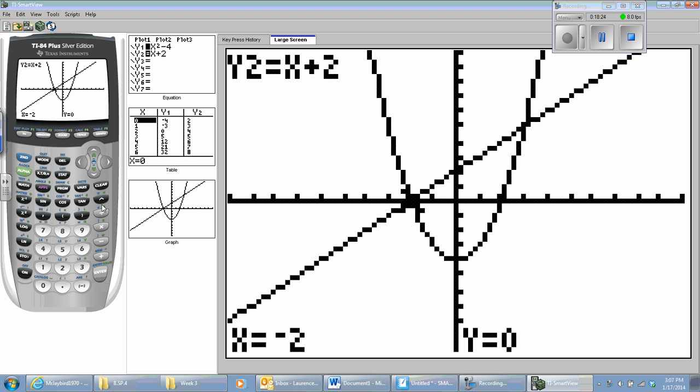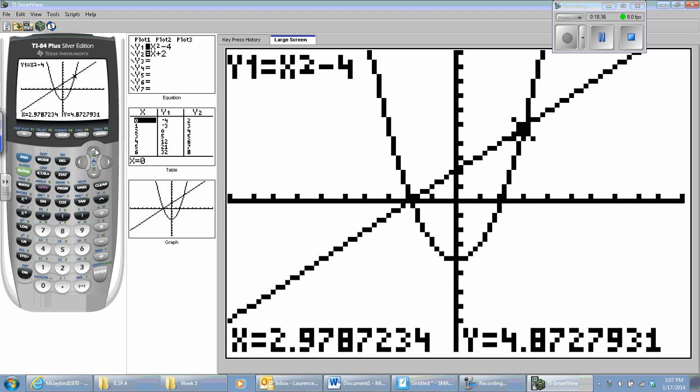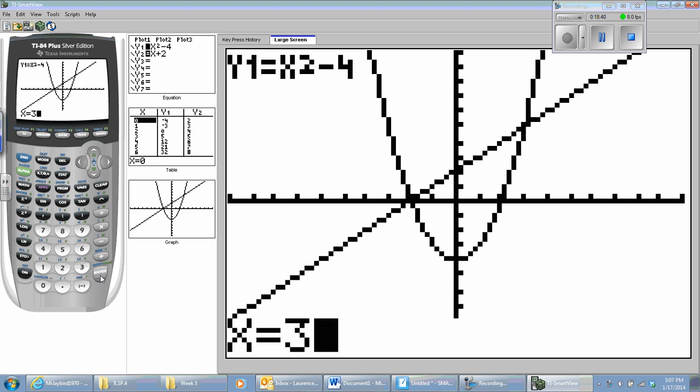Okay, now the other possibility was x is 3, so I'm going to type in 3, hit enter, and when x is 3, y is 5 on the line. Well, let's hit the up arrow or the down arrow, and let's type 3 again. Now I'm on the parabola, the quadratic equation, and look at that, I got 3, 5 again, so I did it right. And we can use the graphing calculators to check.